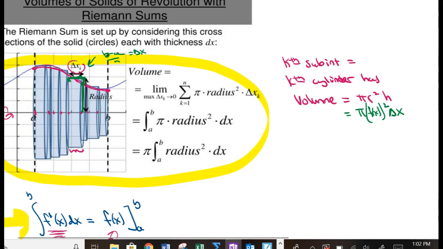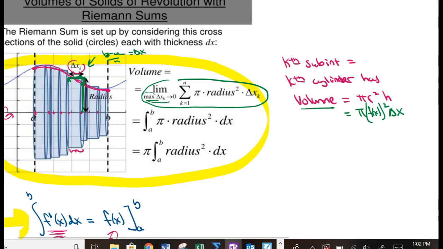So this is the kth subinterval's volume, because in this context the kth subinterval results in a cylindrical volume. If you look over here, don't worry about this max delta x sub k. In this drawing, notice that the delta x is not constant. What this is saying is that if the largest delta x approaches 0, then all the delta x's approach 0.